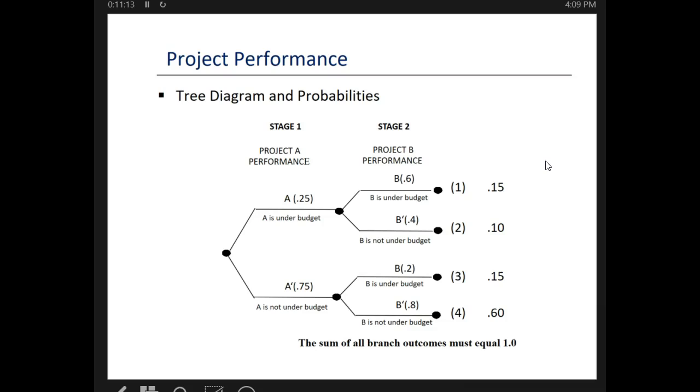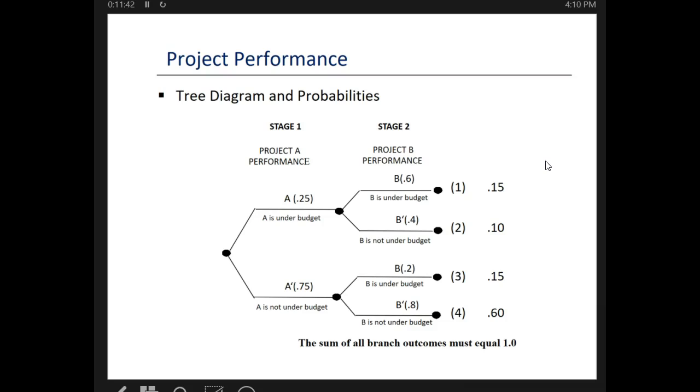In this chapter, we're also going to look at tree diagrams. We're going to look at different options under separate stages. In this particular case, we have said that 25% of the project's performance is under budget.